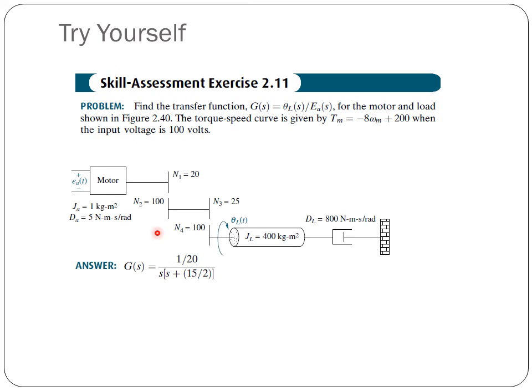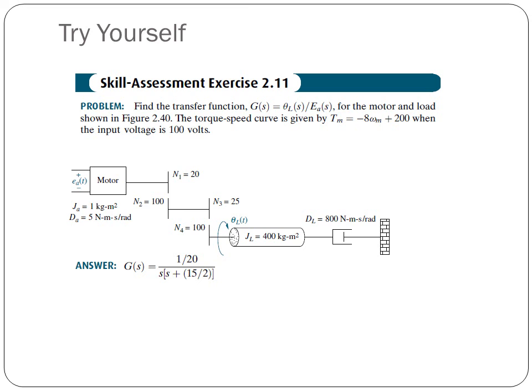Here we have given another similar example, but we have a new gear ratio, which is 20 by 100 into 25 by 100. So we have to multiply these 2 ratios together to get the equivalent gear. And instead of giving a characteristic curve, we have given some characteristic equations.